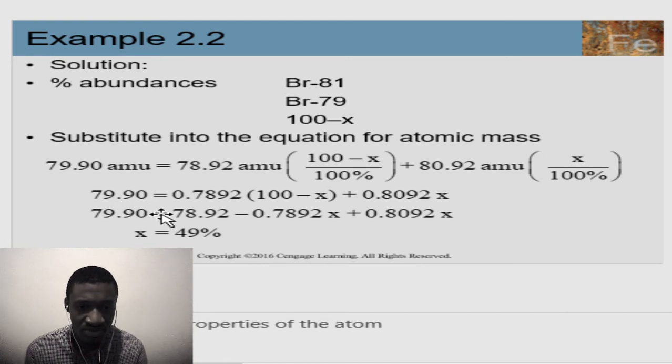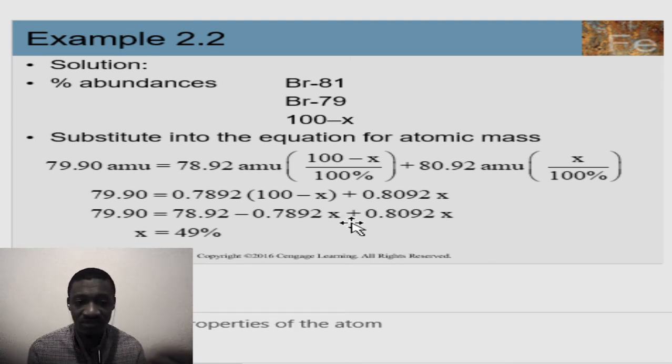and when this goes to the other side, when you subtract 78.92 from 79.90, you have 0.98. And when you subtract 0.7892 from 0.8092, you have 0.02.